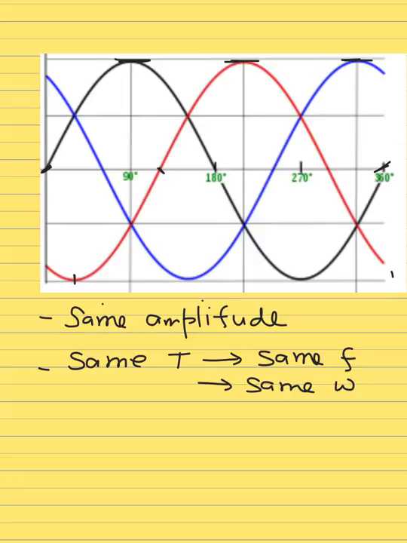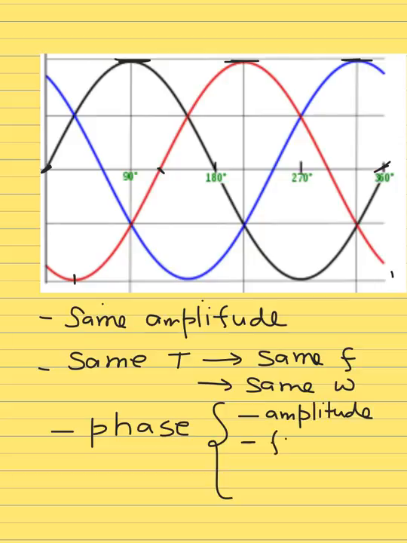The difference is in their starting point, and that starting point introduces the phase of AC signal. So 3 characteristics which characterize an AC signal are the amplitude, second is the frequency, and the third is the phase. So phase is the starting point with respect to 0.